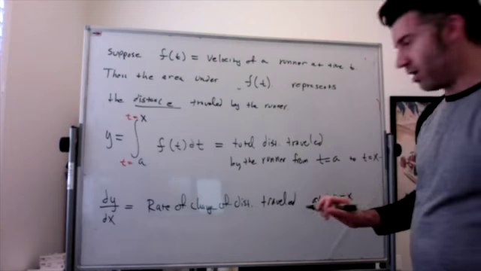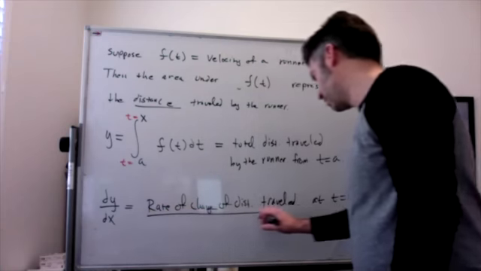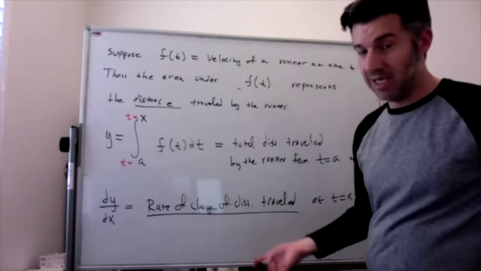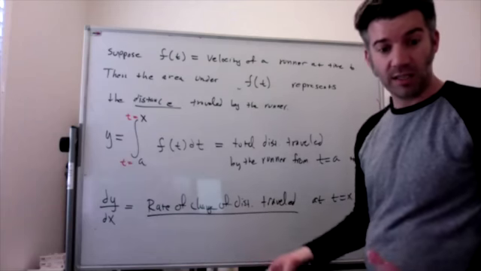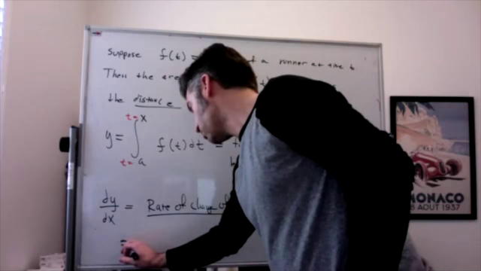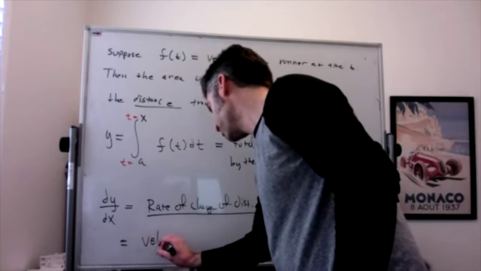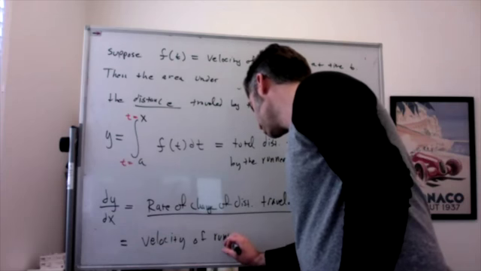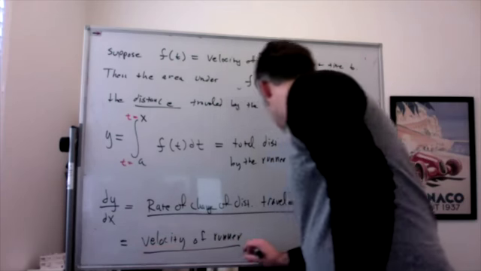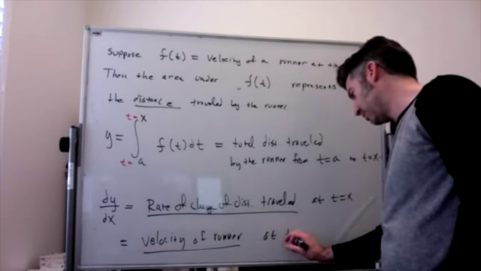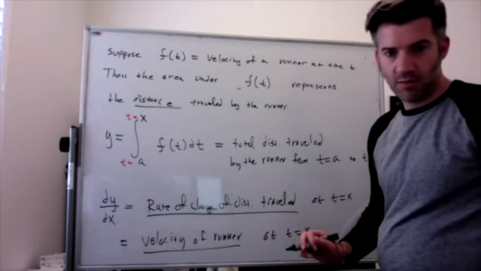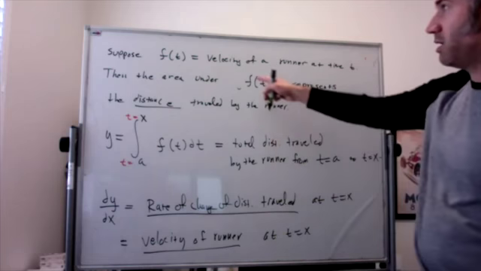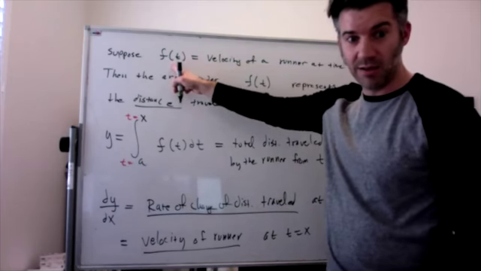Okay, I'm going to say this another way. The rate of change of the distance traveled is just another name for the velocity. So this is equal to the velocity of the runner at time equals x. But we know what the velocity of the runner is. The velocity of the runner is f of t.